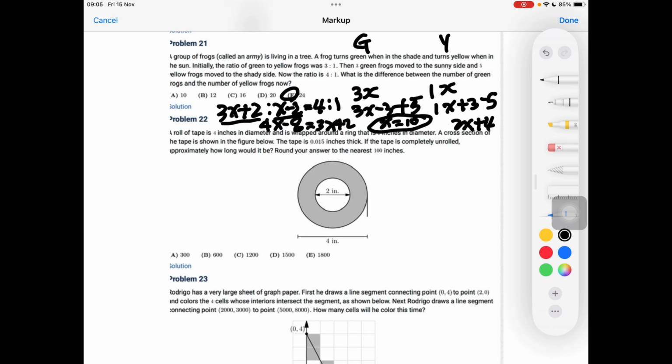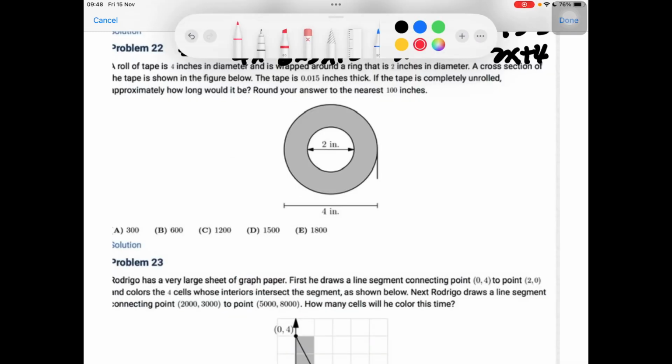So problem 22. A roll of tape 4 inches in diameter and wrapped around the ring 2 inches in diameter. Cross section. Okay, so here is 1 and 1, altogether 4. So this tape is 0.015 inches thick.